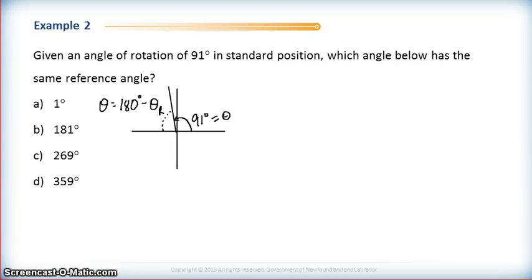So using that relationship, we know that 91 degrees has to equal 180 subtract our reference angle. That means our reference angle must be 89 degrees.